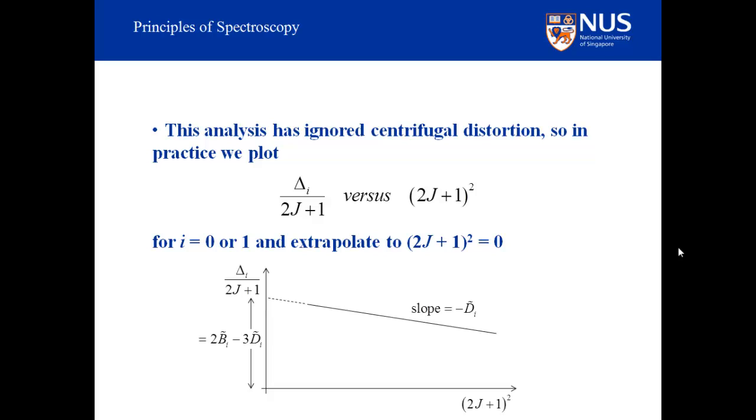The intercept will be equal to 2Bi minus 3Di. So if you are looking at the P of J plus 1 lines and the R of J minus 1 lines, then i will be equal to 0, and the intercept will be 2B0 minus 3D0, and the slope of the line will just be minus D0 in this particular case.